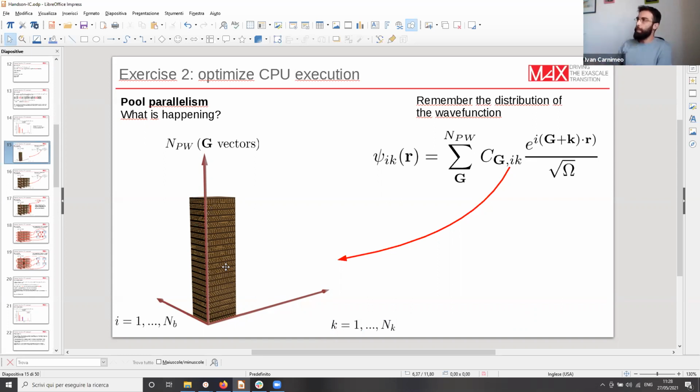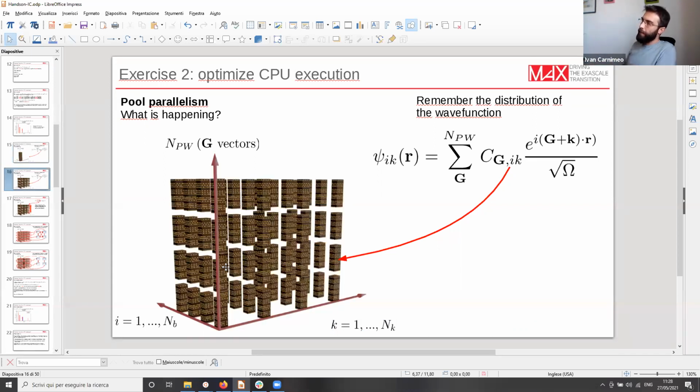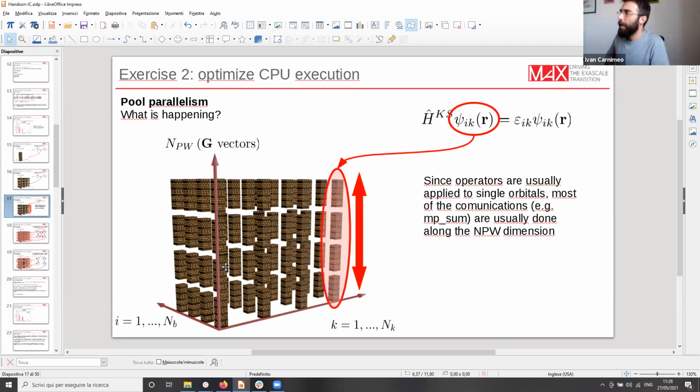When we do MPI, we are distributing the memory. It means that this matrix of coefficients is distributed among processes. But what happens here? Every time we need to calculate something, a potential, the full Hamiltonian, the kinetic energy, usually we are applying one operator to one orbital.